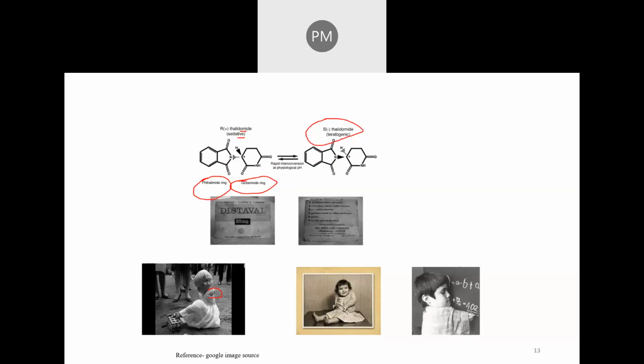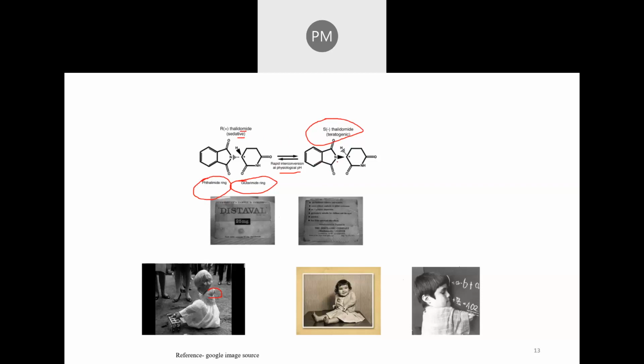But the S isomer has a teratogenic, that is toxic, effect. In our body, the R converts to the S isomer. That rapid conversion of R to S isomer happens at our body pH. So when we take the drug, the R is converted to the S isomer.